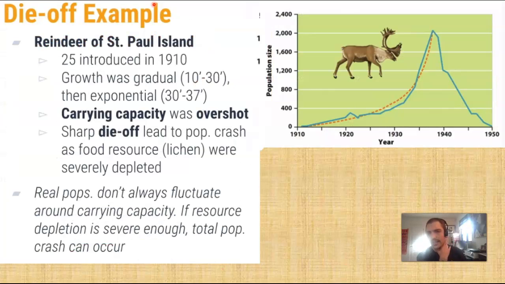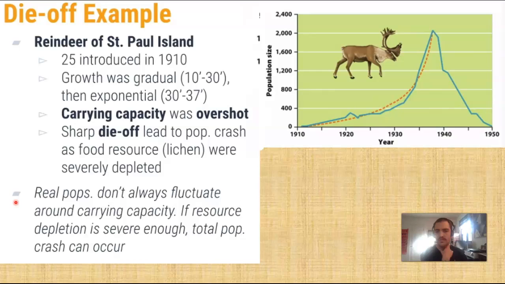An example of this is the reindeer on St. Paul Island. 25 were introduced in 1910, and the growth was gradual at first, and then it became exponential. They depend on lichen in the winter, and they ate too many of the lichen. The lichen wasn't able to grow back in time, and this led to a sharp die-off and population crash as the lichen were depleted.